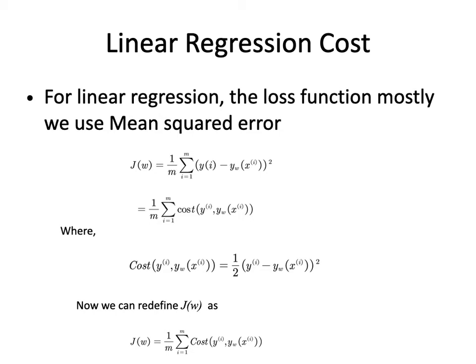We can say that the cost will be high when the difference between the actual value and the predicted value is high, and the cost will be low if the difference between these two values is low. So this cost function defines how near or far the predicted value and the real output value are from each other.